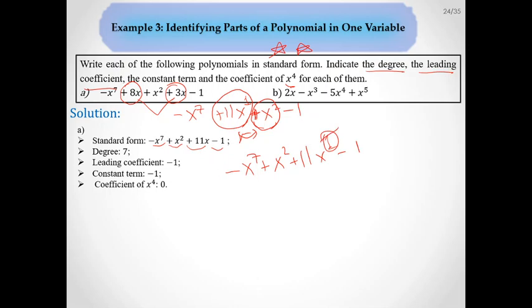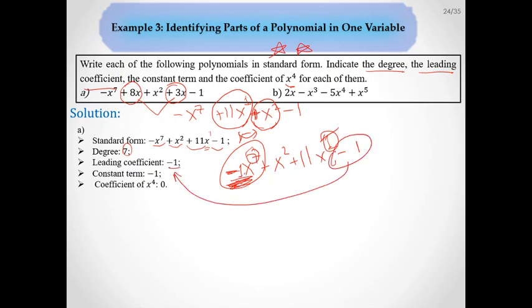You don't have to write 1 here because if nothing is written, it's automatically 1. The degree is 7. The leading coefficient is the coefficient of x to the 7th, which is negative 1. The constant term is negative 1.